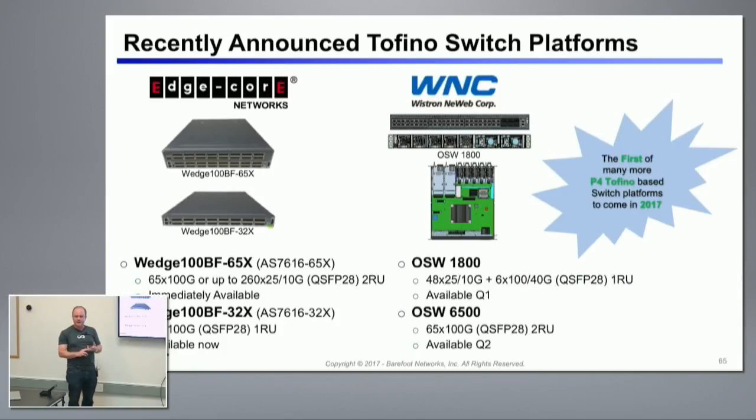And one step further, we merged what the big cloud providers are doing with some of these, where if you notice, these 2 boxes are actually Wedge derivatives. If you're familiar with Edgecore, they're the current provider of the Wedge box, which is the box that Facebook built and open sourced into OCP. Here you have a Wedge 100 that shares all of the same internal guts with the original Wedge, except it has a Tofino in there. It has the same CPU module, fans, power supplies, OpenBMC, LEDs, console port, and all those different things.